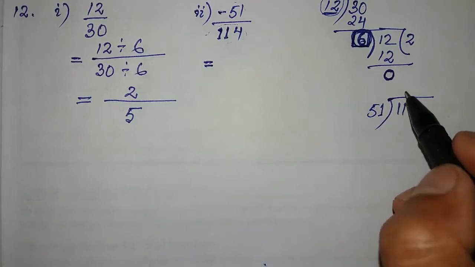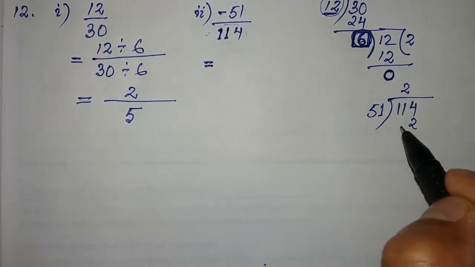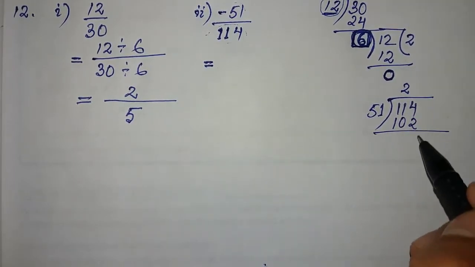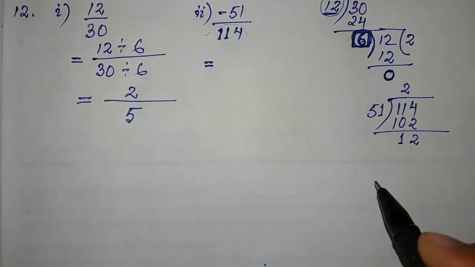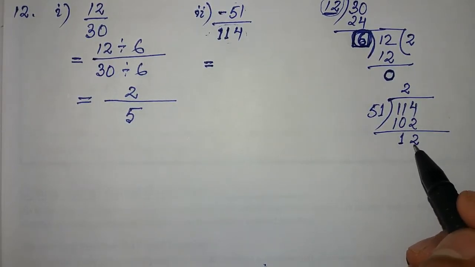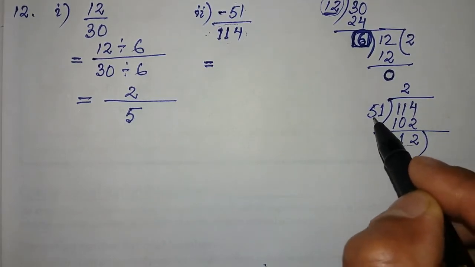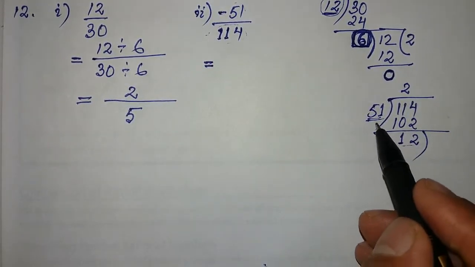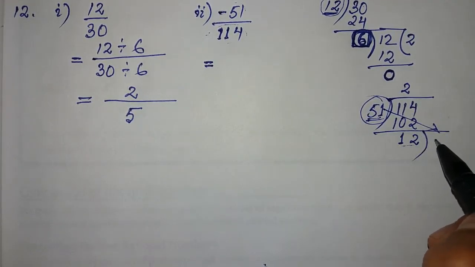So 51 2s are 102. Now here the remainder is 12. So we got here 12. Now next step is, this remainder will divide this divisor. So this 51 you have to take down here.